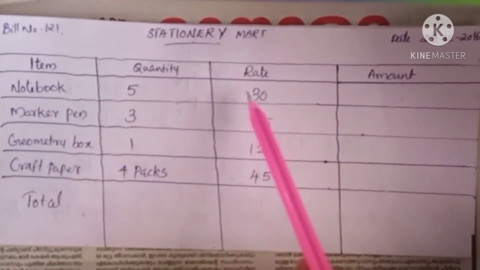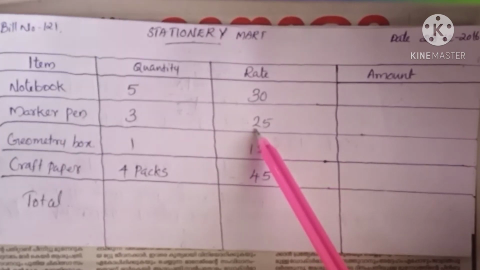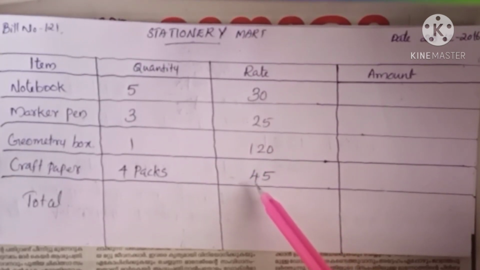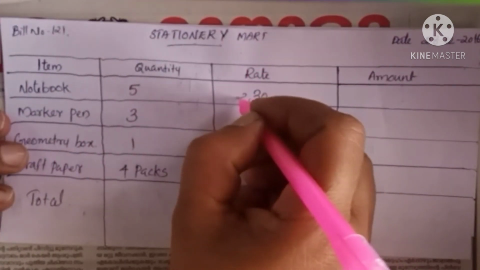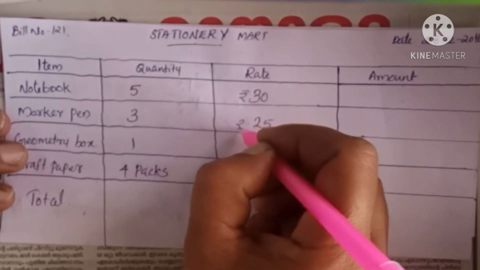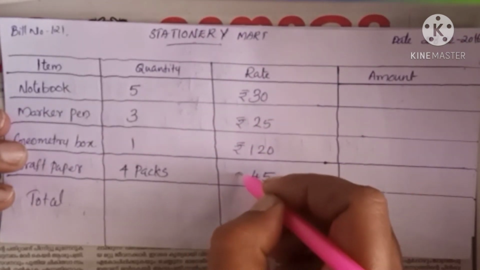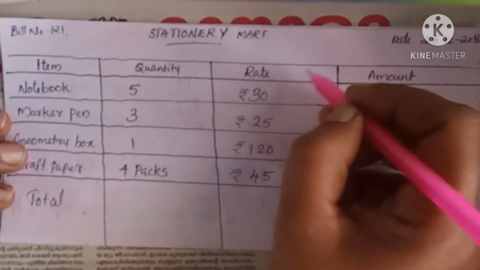Rate: one notebook 30 rupees, one marker pen 25 rupees, one geometry box 120 rupees and one packet of craft paper rupees 45. Clear? Then we should write here rupees, or in brackets we can give rupees.